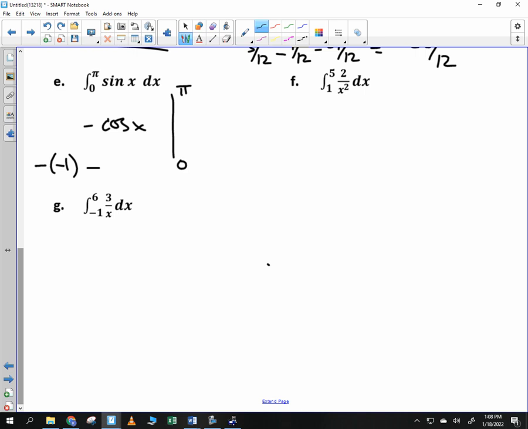Minus, then we plug in 0. What's the cosine of 0? 1. And the negative makes it negative 1. So we have positive 1 plus 1 is 2.